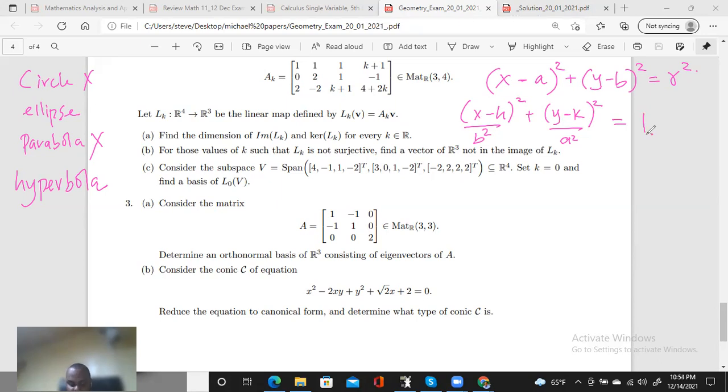And then for the hyperbola, it would be the same thing, but just with a minus. So x minus h squared over b squared minus y minus k squared over a squared equals 1.